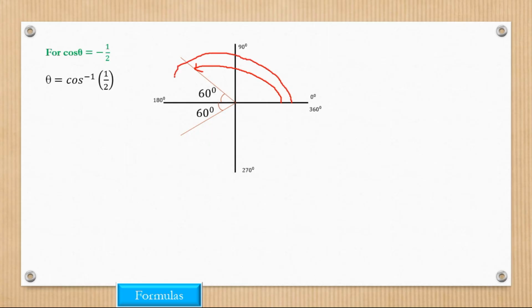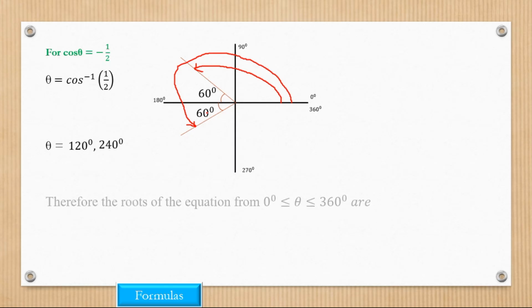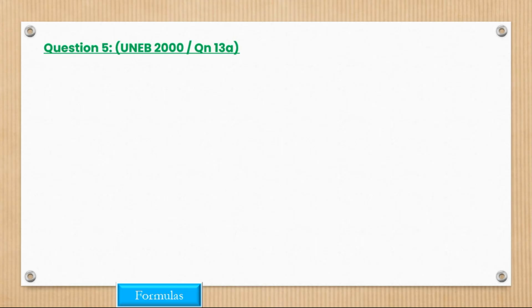And then we have this other rotation, which is the same as 180 plus 60, which is 240 degrees. So these become our two different values. Therefore the roots of the equation from 0 to 360 are 120 and 240. So that's as easy as it was. That's how you solve this UNEB question.